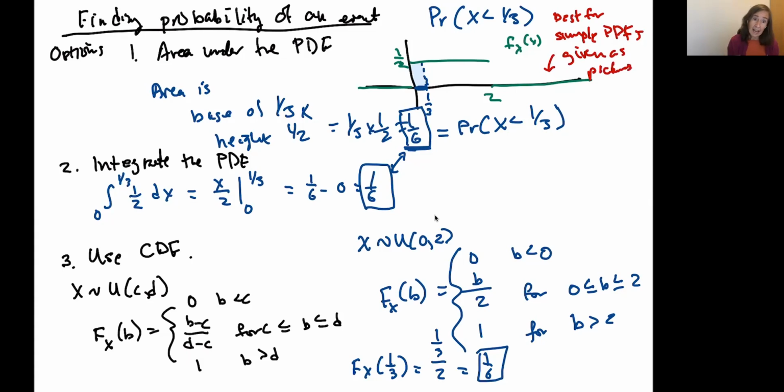So if the information you have about a random variable takes the form of some kind of picture where you can use basic geometry to find that area that you care about, this is a good way to do it.